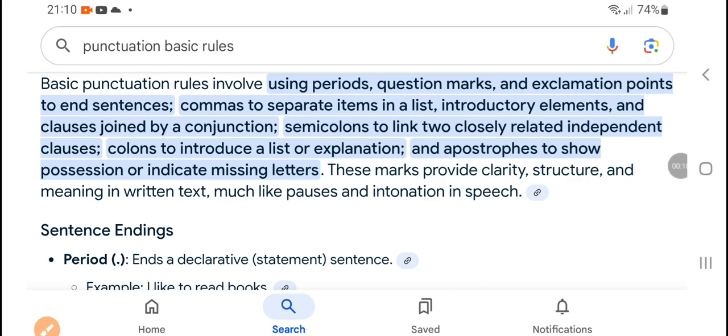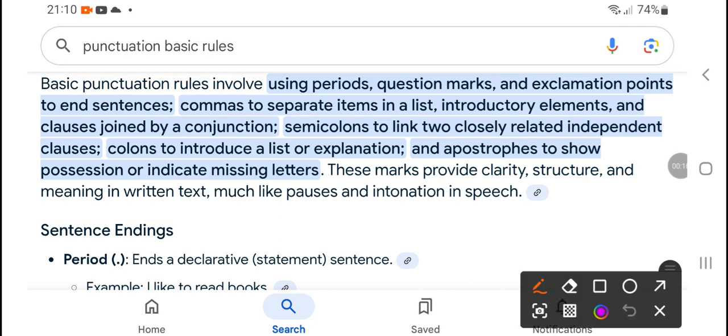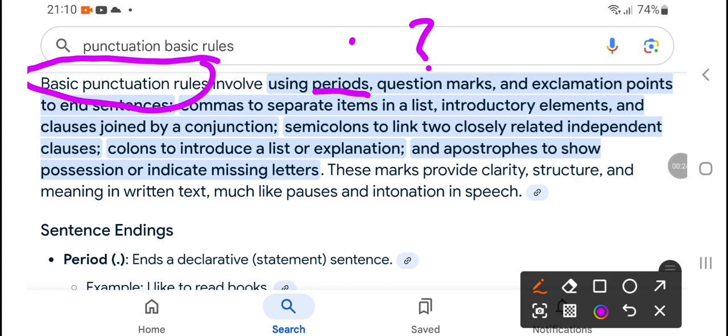One more short video on basic rules of punctuation. So let us see what the basic punctuation rules are. Basic punctuation rules involve using the period, that is dot, question mark, and exclamation point, right?